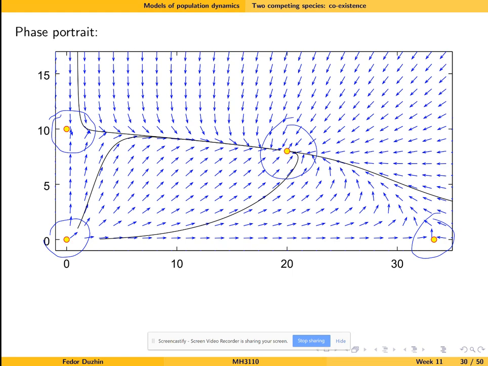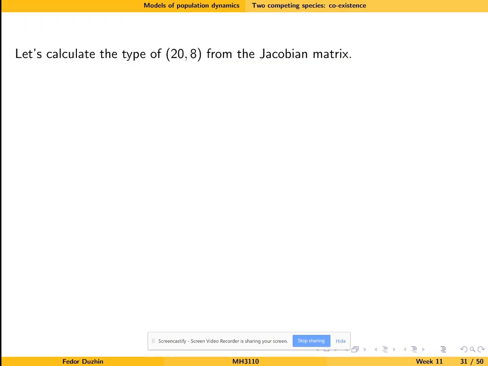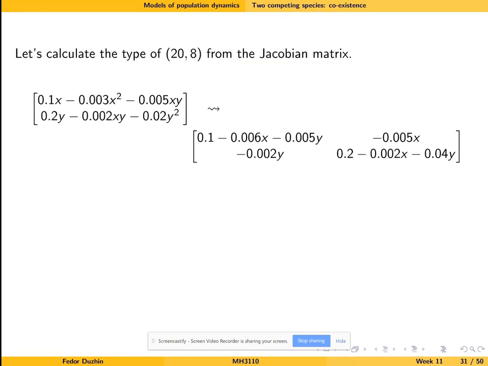But the interesting one is where both of them are positive, so it's 28. By the looks of it, you see that it is a stable equilibrium. It seems that regardless of the initial condition, eventually all trajectories converge to this stable equilibrium. And we see that these species are going to coexist.